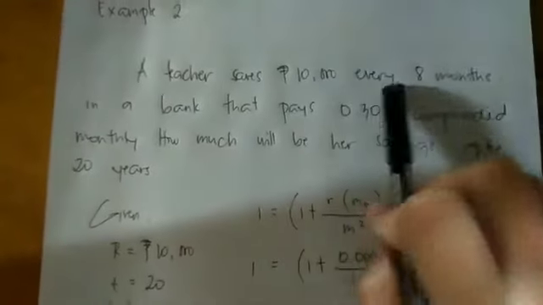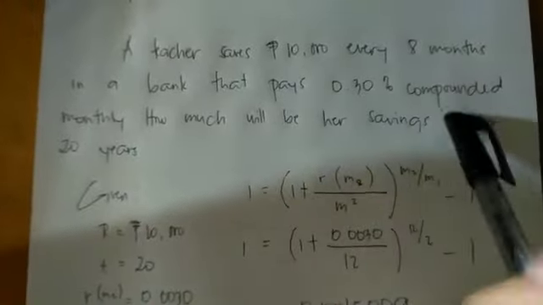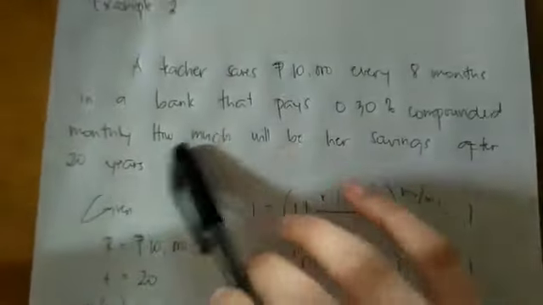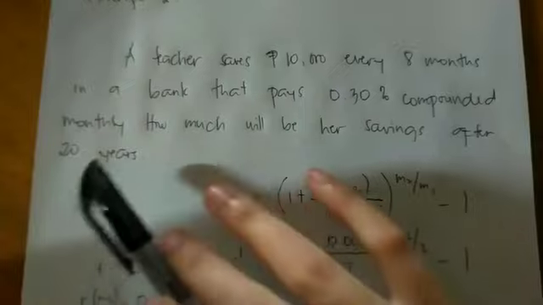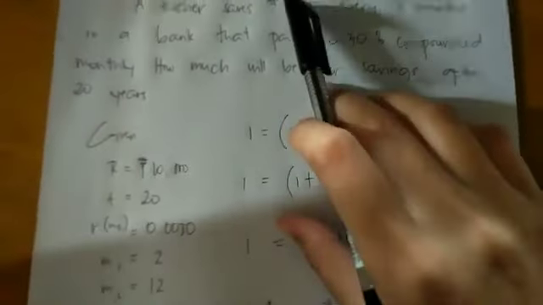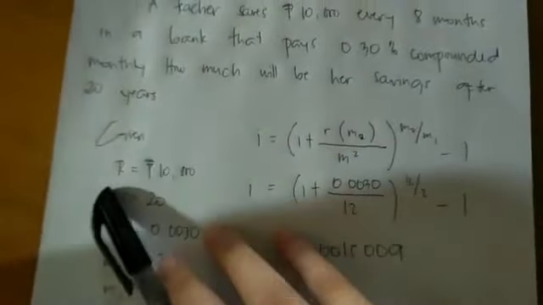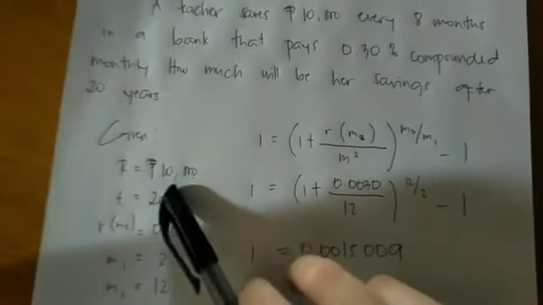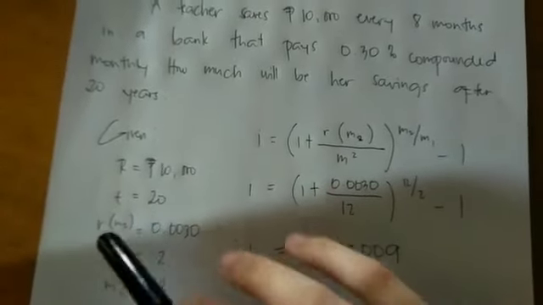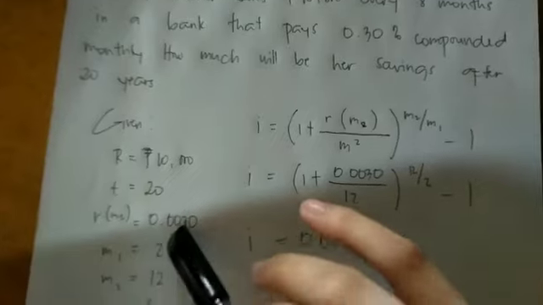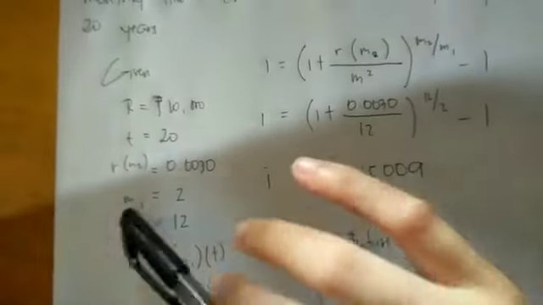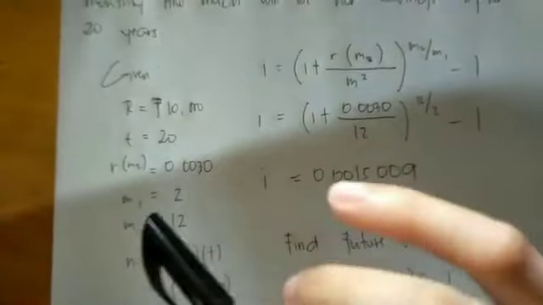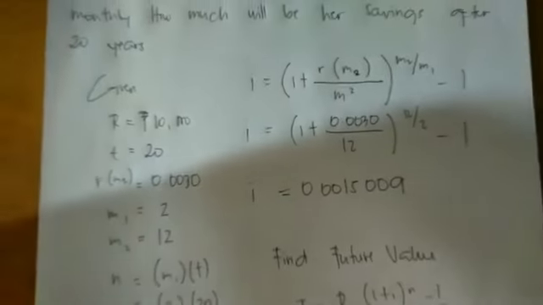Now let's proceed to example number 2. A teacher saves 10,000 pesos every 8 months in a bank that pays 0.30% compounded monthly. How much will be her savings after 20 years? First, let's find the givens. R is 10,000, T is 20, the rate is 0.0030, M1 is 2, M2 is equal to 12, and N will be 40.